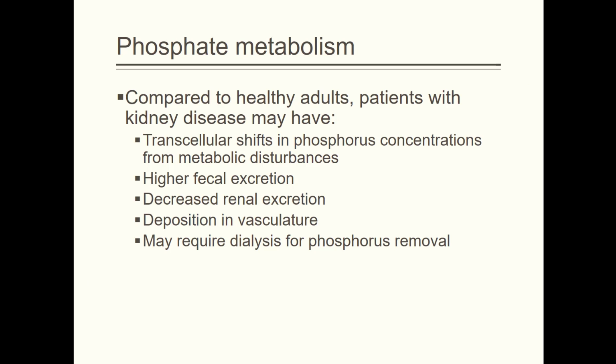In healthy adults, phosphate intake is matched by phosphate excretion in feces and urine, and the flux of phosphate between the skeleton and the extracellular phosphate pool is approximately the same in both directions. In patients with kidney failure, dietary restriction of phosphate is insufficient to compensate for the decrease in renal phosphate excretion, resulting in a positive phosphate balance.